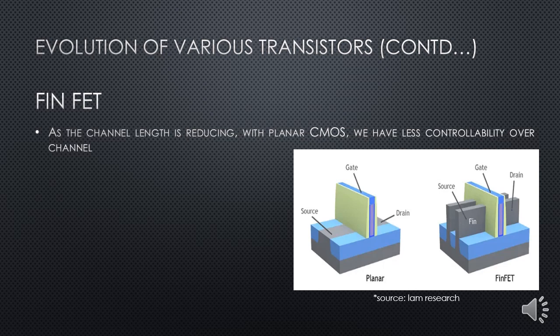From the left, right, and top, we can control the formation of the gate, whereas in the planar CMOS the control is only from one direction, that is from the top. In the FinFET the control is from three dimensions: left, right, and top. That means we have better controllability compared to planar CMOS.